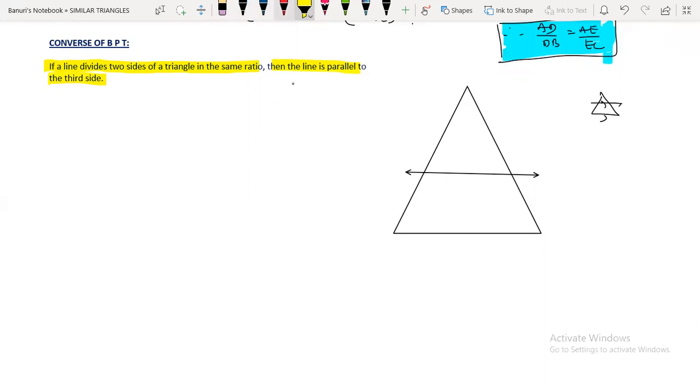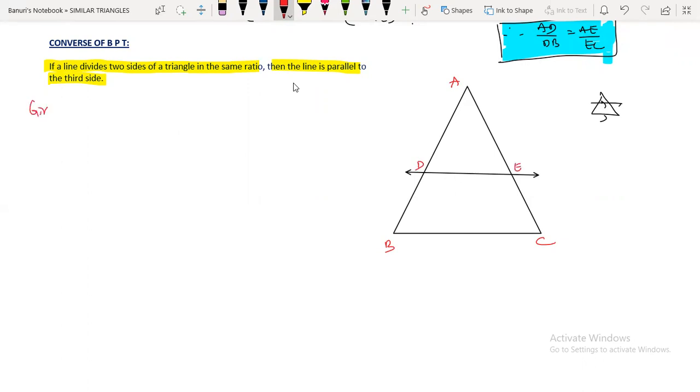To prove this, we will take triangle ABC first. So in triangle ABC, a line DE is drawn, let's think these are intersecting at this point.